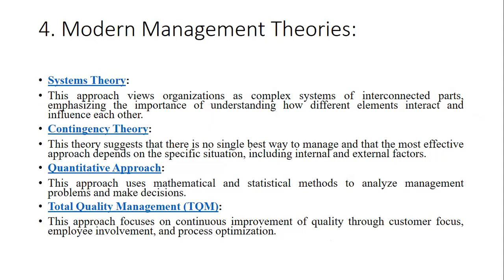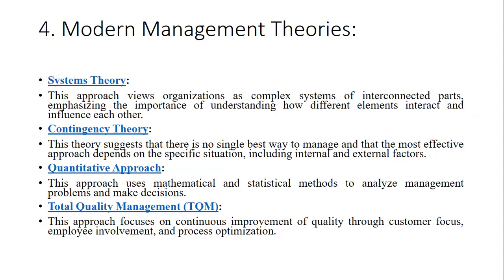There is no simple best way to manage. The most effective approach depends upon the specific situation, including internal and external factors. Quantitative approach: use of mathematical and statistical applications to analyze different management problems and make better decisions. Then total quality management.